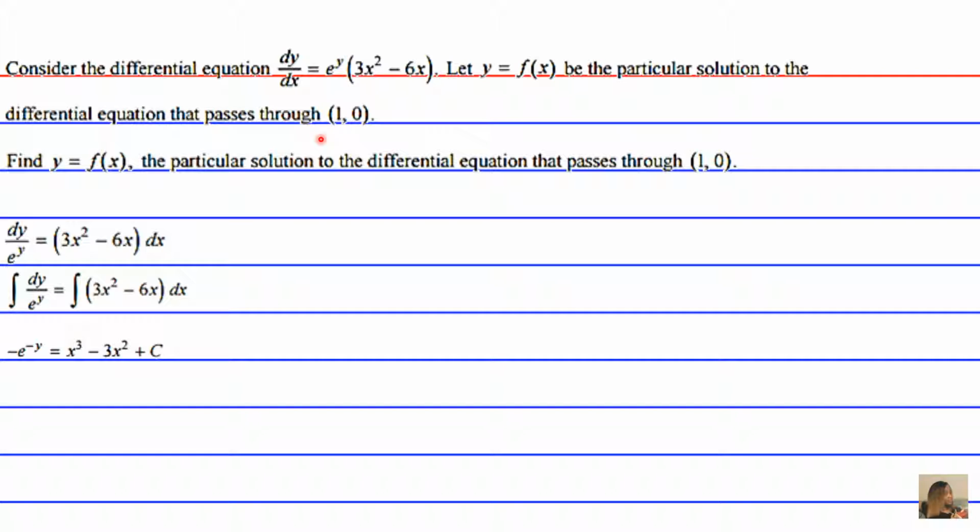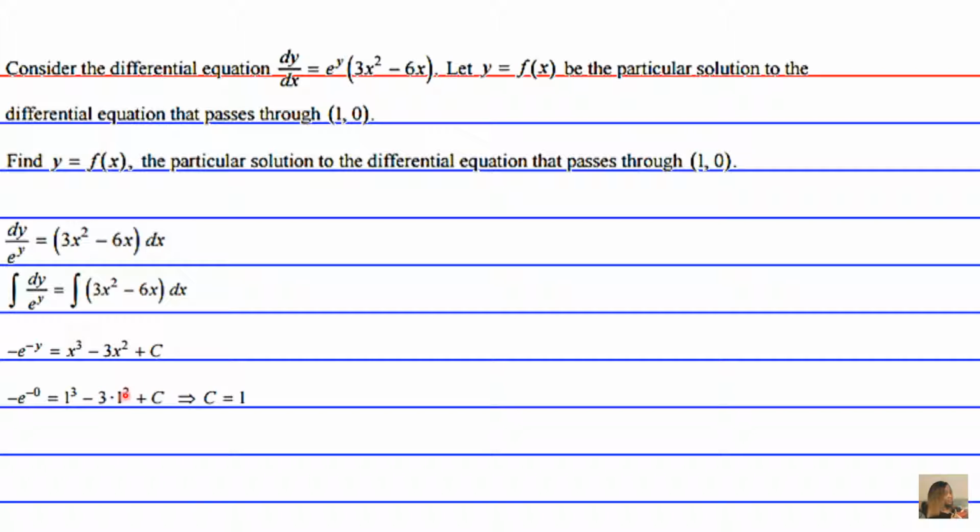So wherever we see an x, we plug in the value 1, and wherever we see a y, we plug in the value 0. All right, so -e^0 = 1^3 - 3(1)^2 + c.